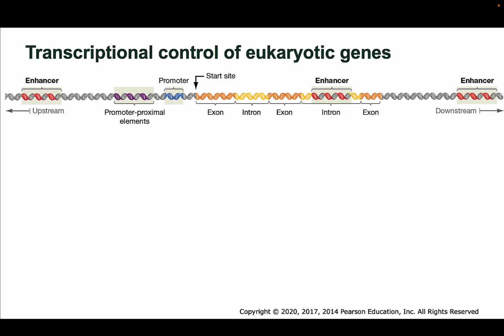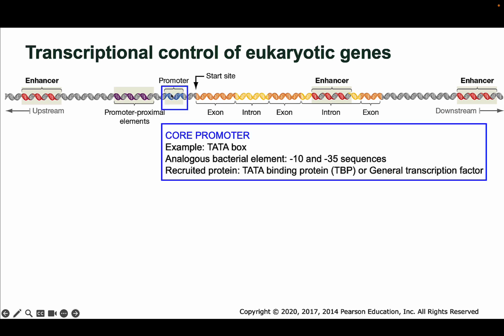The next difference that we'll talk about, or the next way in which eukaryotic genes can be regulated, is transcriptional control. And transcriptional control exists in bacterial transcription as well, but it's more complicated in eukaryotic cells. So in eukaryotic cells, right, we have our transcription start site, just like in bacterial transcription, and it's preceded by a promoter, okay?